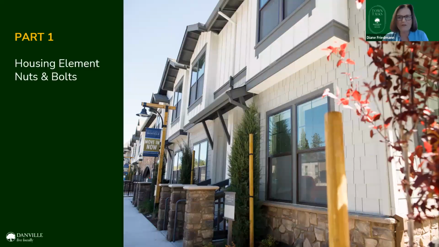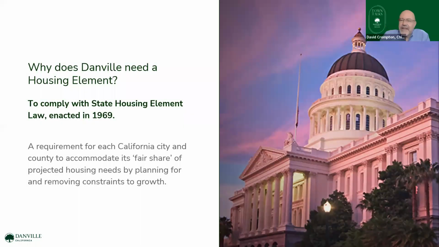All right, we're going to turn it over to Dave Crompton, who's going to give you an overview of the housing element nuts and bolts. Thank you, Diane. I'm going to talk a little bit about the housing element, why we need one, what it is. This is stuff that we've talked about over the course of the last year, but I want to give you a little refresher. So what is a housing element and why do we need it?